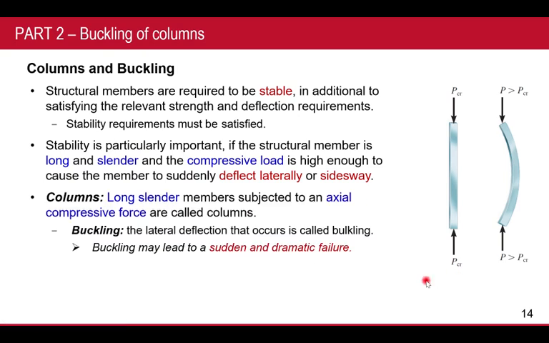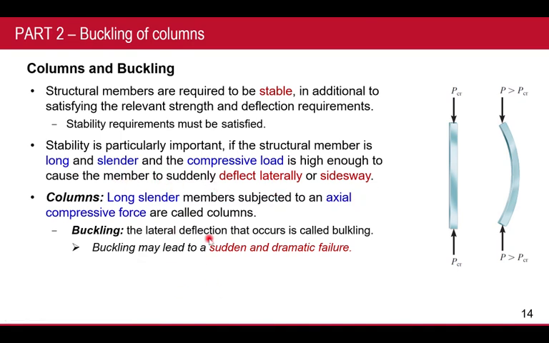We should understand what is called a column. A column is a long, slender member subject to an axial compressive force. Remember, only in compression, not in tension. Buckling means the lateral deflection: this will cause the member to suddenly deflect laterally or sideways.